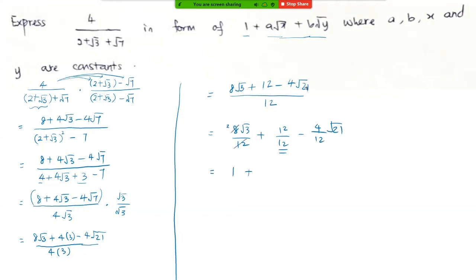We have 2 over 3, so we have 2/3 of root 3 minus 4/12, which is 1/3, of root 21. And we have just expressed the expression given in the form required.